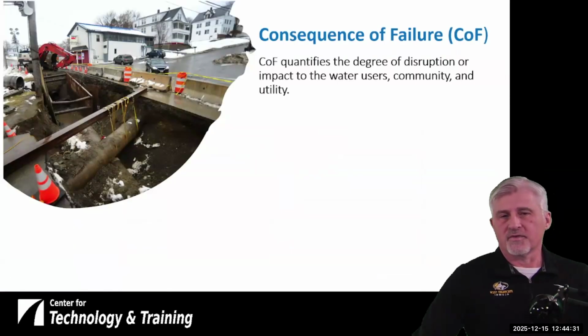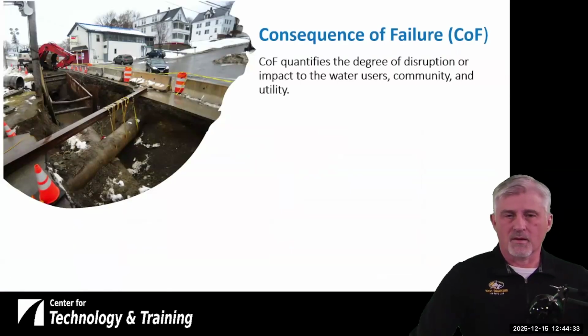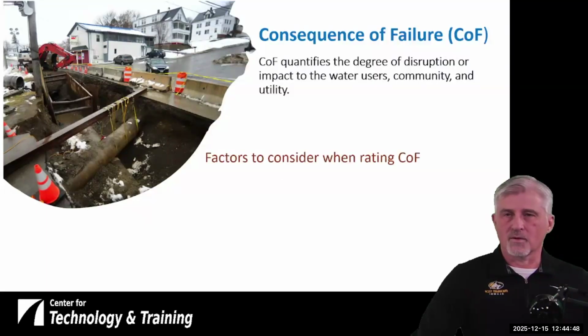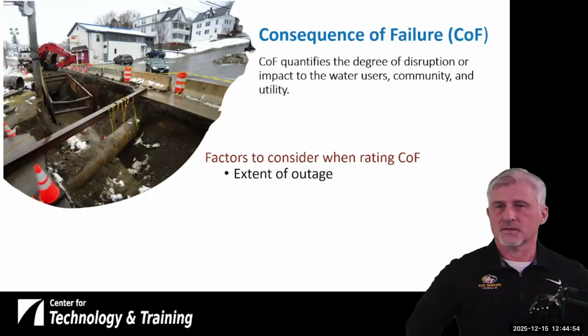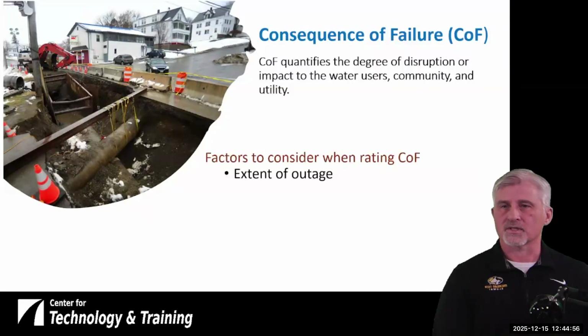So more on consequence of failure. We're trying to put numbers to the degree of disruption or the impact that it's going to have on our community, our utility, the people who receive our services. And what kind of things do we need to look at? How long is that outage going to be? How long is the customer going to be without service?